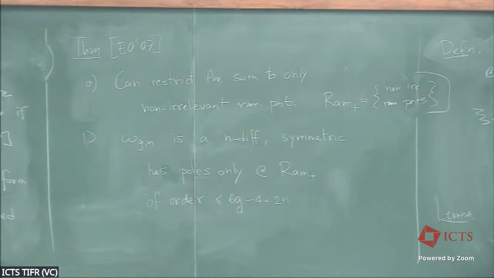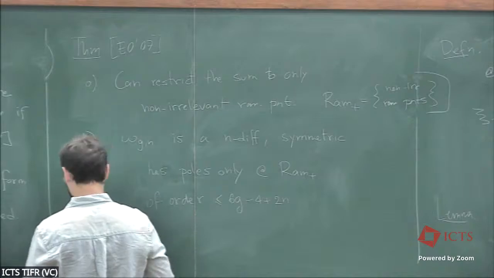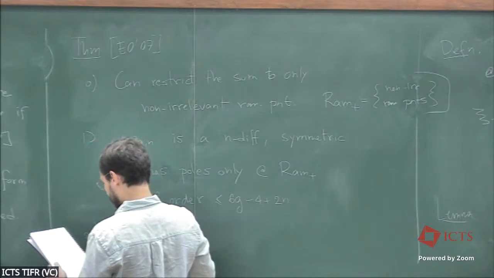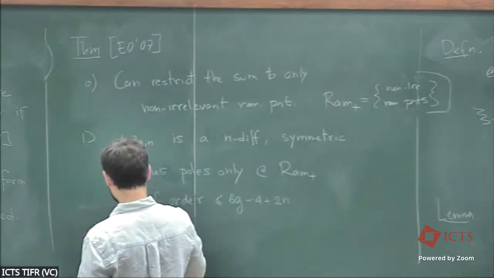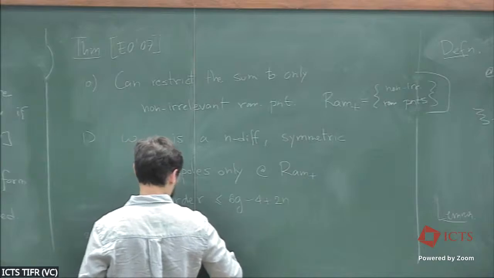So this admissibility condition was important not for having this formula here, but to get something that is symmetric in the end. Okay. And the third property I want to say is that this omega g,n's they have a vanishing residue.